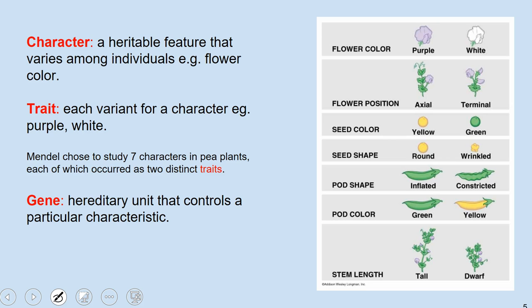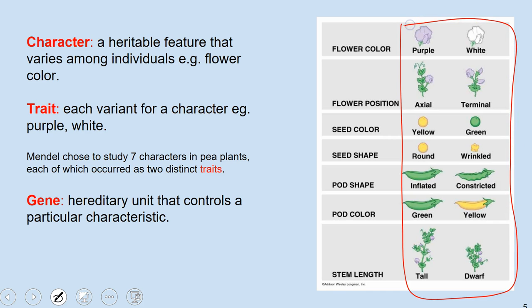This is basically all the different types of observable traits of the plants that he was looking at. He selected these seven characteristics and grew different generations of these plants to see what would happen, and discovered that there must be some kind of gene that determines which of these options come out.